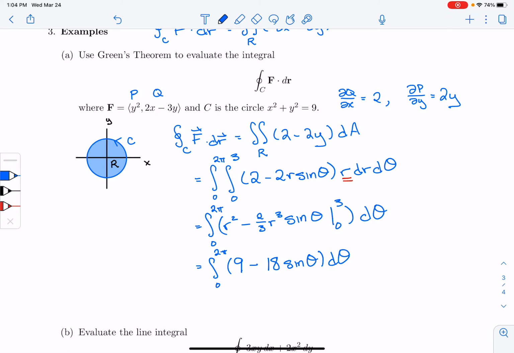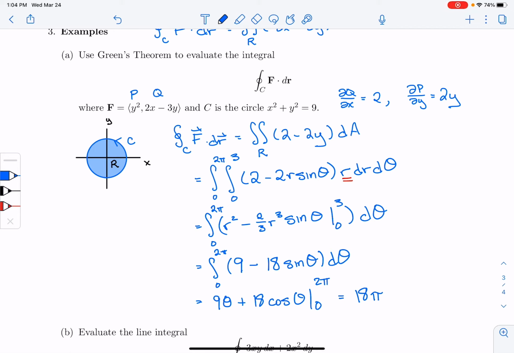Now, integrating that with respect to theta, I'm going to get 9 theta plus 18 cosine theta evaluated between 0 and 2 pi. So 9 theta, when I evaluate that at 2 pi, is going to give me 18 pi.